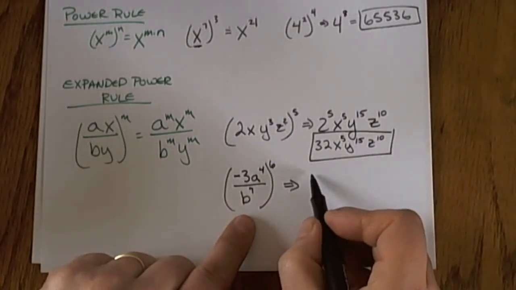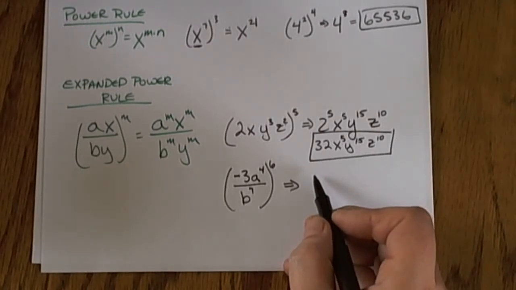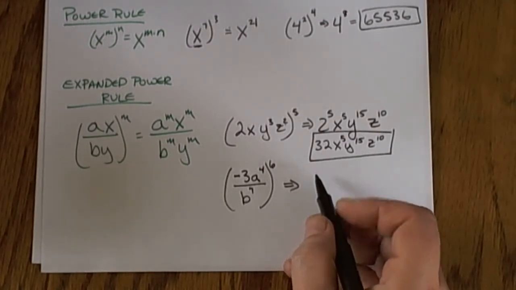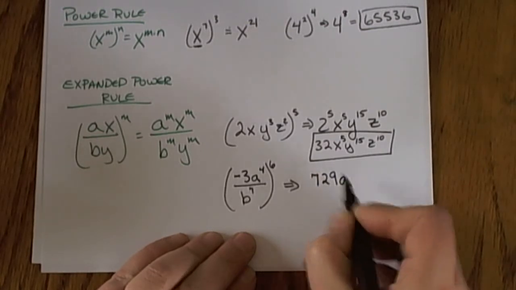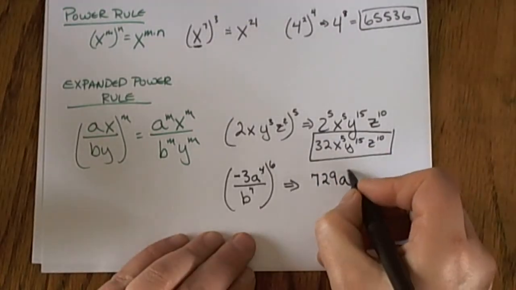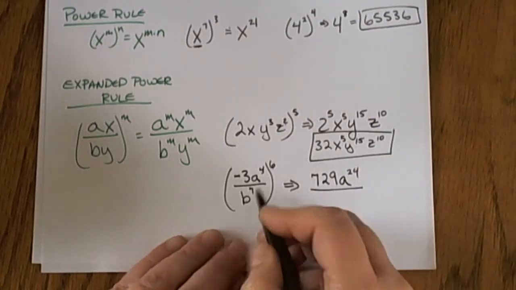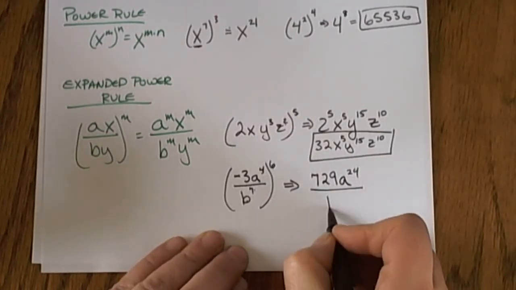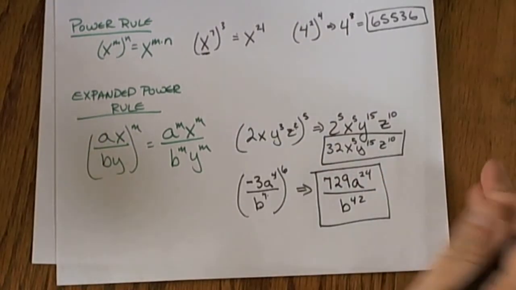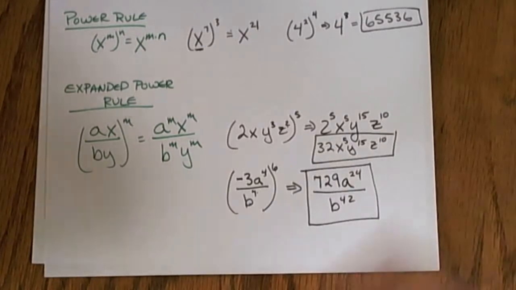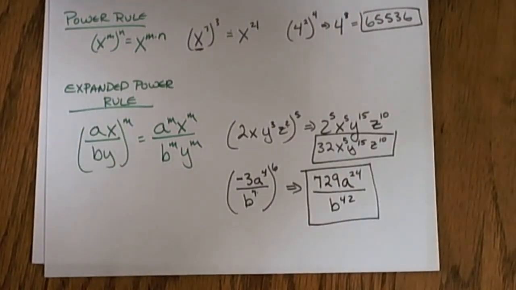So now I have 3 to the 6th, which again I use my calculator to find the value, 729. A to the 4 times 6, a to the 24th, and b to the 7 times 6, b to the 42nd. That would be my answer. So that's kind of just a review of all of the rules that we learned in section 4.1.